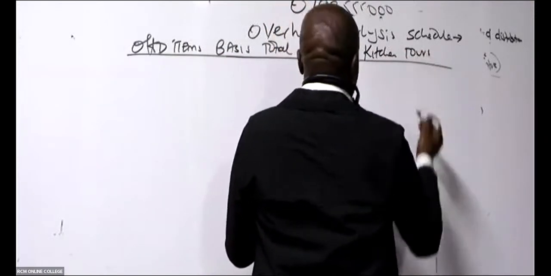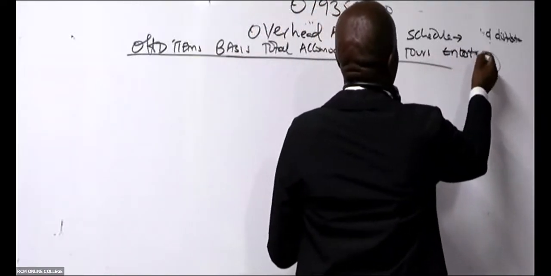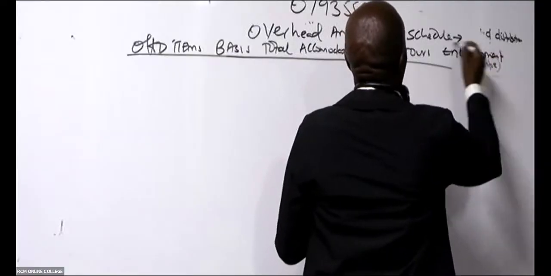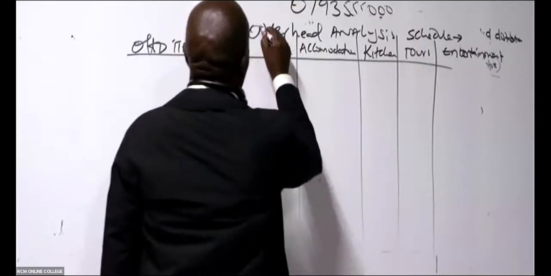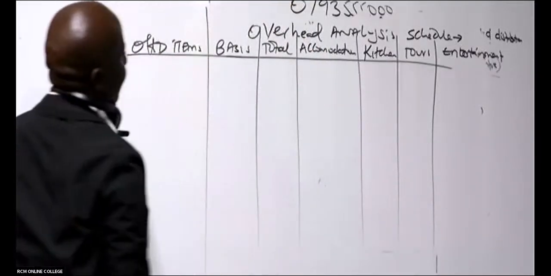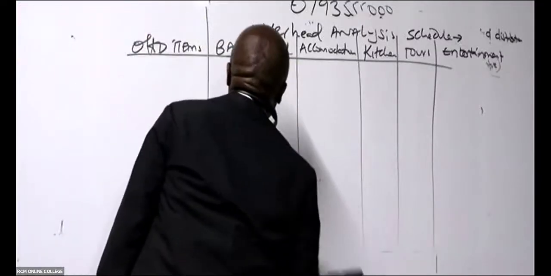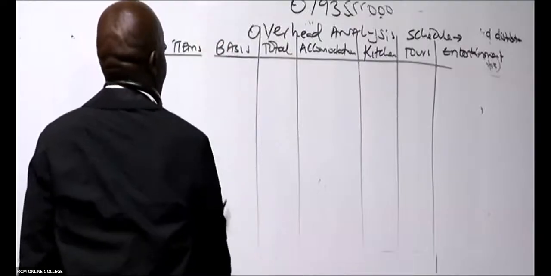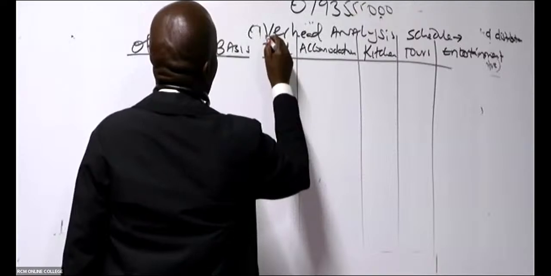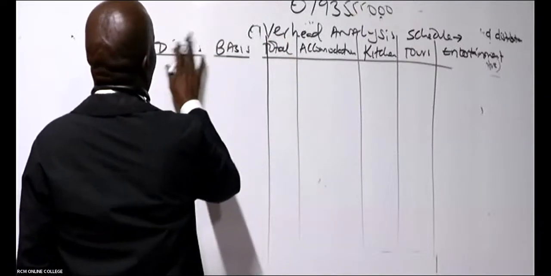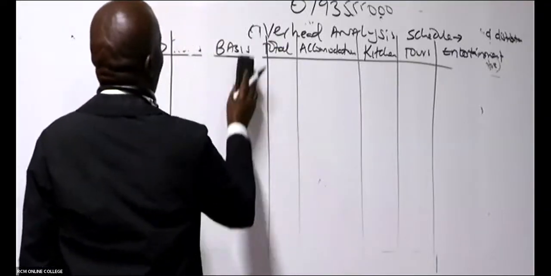We have tours. And then we have the one you love most, the entertainment. This is really nice. Great. The basis column should be quite big. Let the basis column be the broadest.